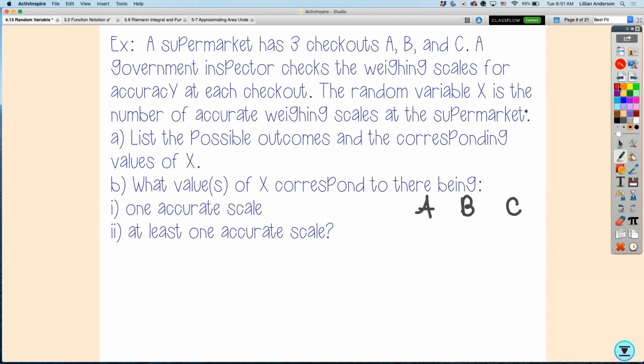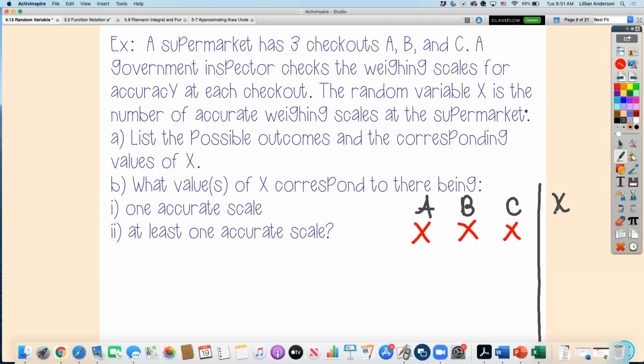All of them would not work. So if none of them are accurate, and X represents the number of accurate weighing scales, then the number would be 0, because none of them are accurate.